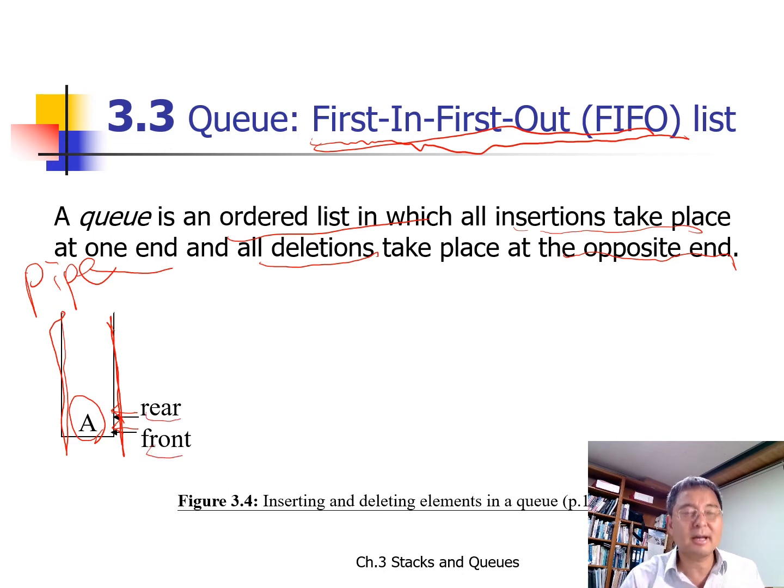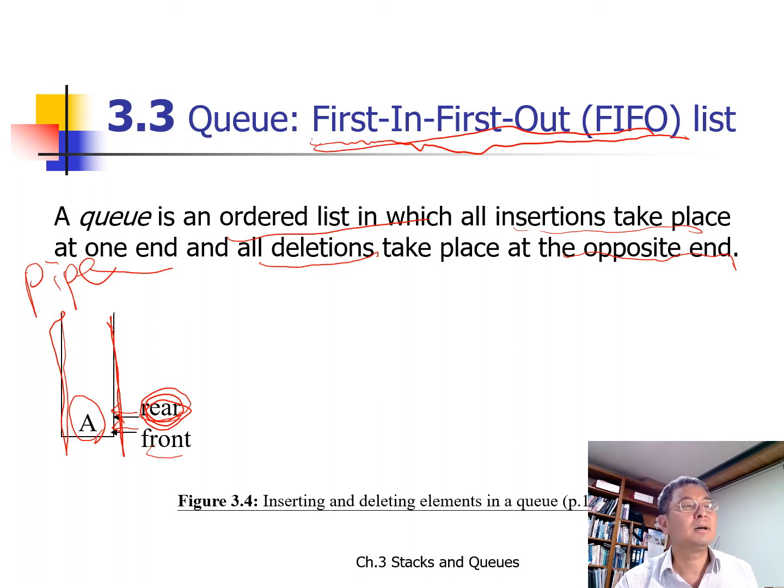Okay, it's just like our waiting lines in a restaurant. Okay, so waiting line. If a new customer arrives at the restaurant, then they must wait, make a line at the rear, at the last customer.